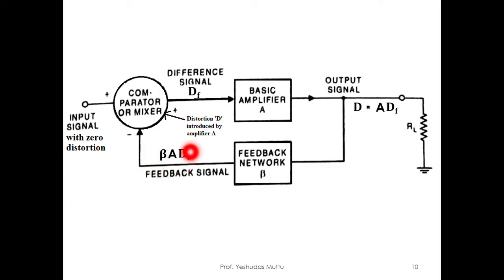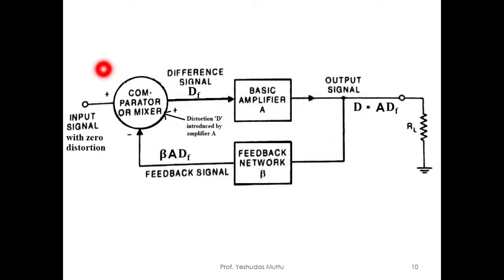Observe the block diagram very carefully. Let me consider DF to be the difference signal, with the input signal over here having zero distortion. The thing is that when a negative feedback is introduced in an amplifier, if any distortion is introduced by this amplifier, then it will be reduced in this particular manner.